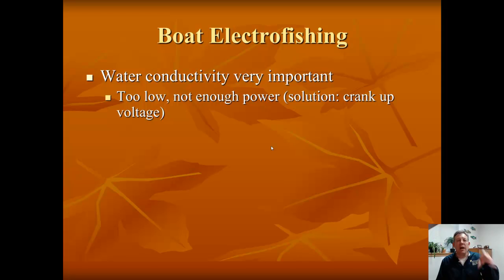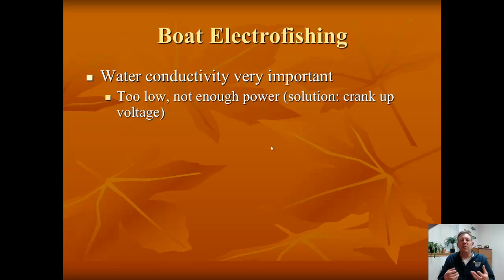You have to put out more voltage to force the current through. Think of the difference between walking alongside a swimming pool and swimming in the swimming pool. When you're in the pool, there's more resistance, and so you have to work a lot harder to go the same distance. It's kind of the same thing.